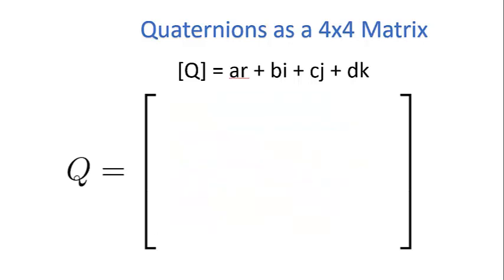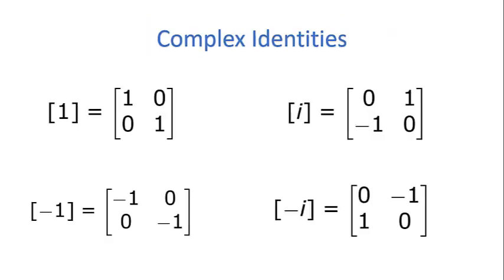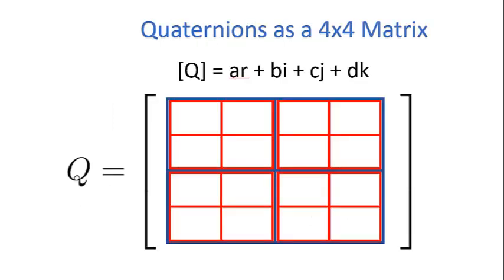So the trick here is trying to figure out what the identities of the quaternions are. In complex numbers there are 4 identities, 2 positive and 2 negative. For quaternions, I expect to find 4 positive identities and 4 negative identities.